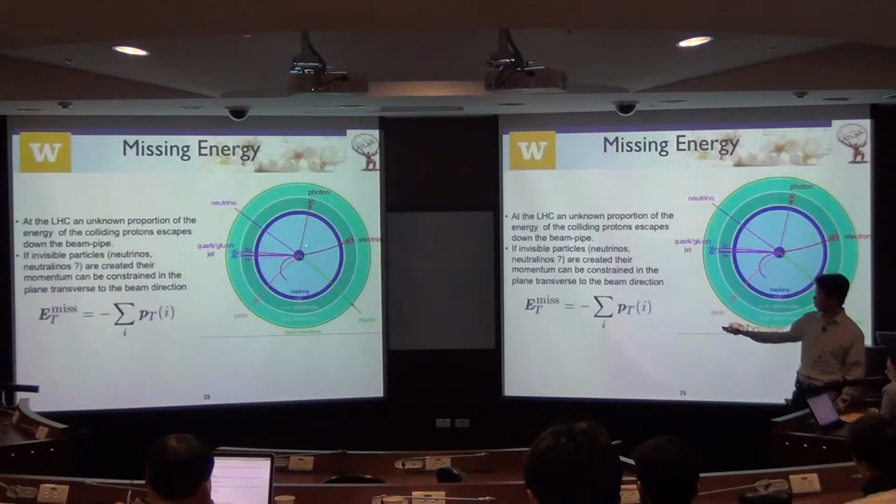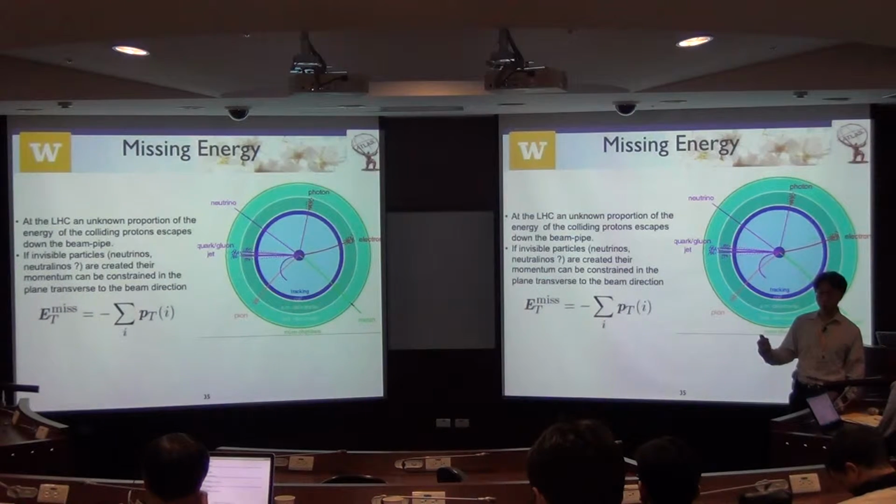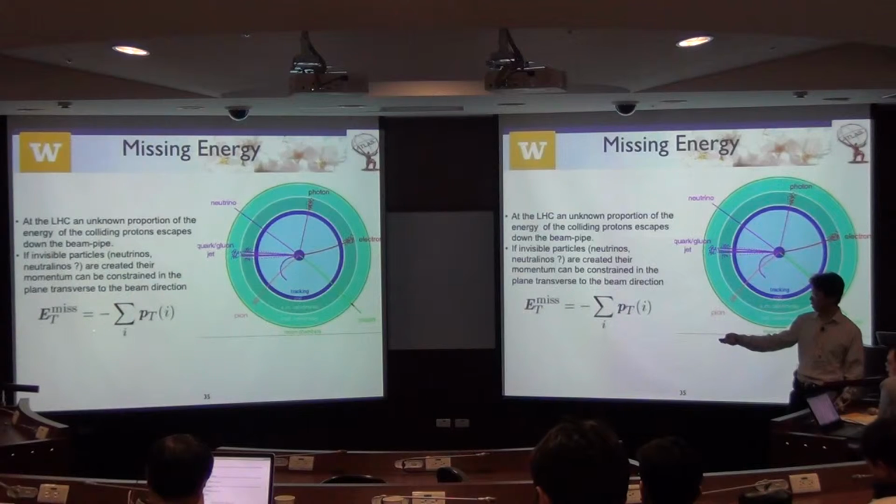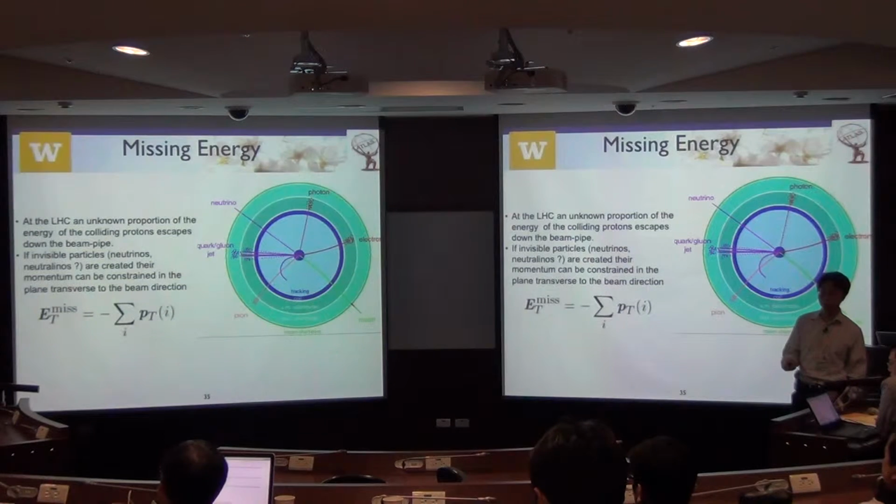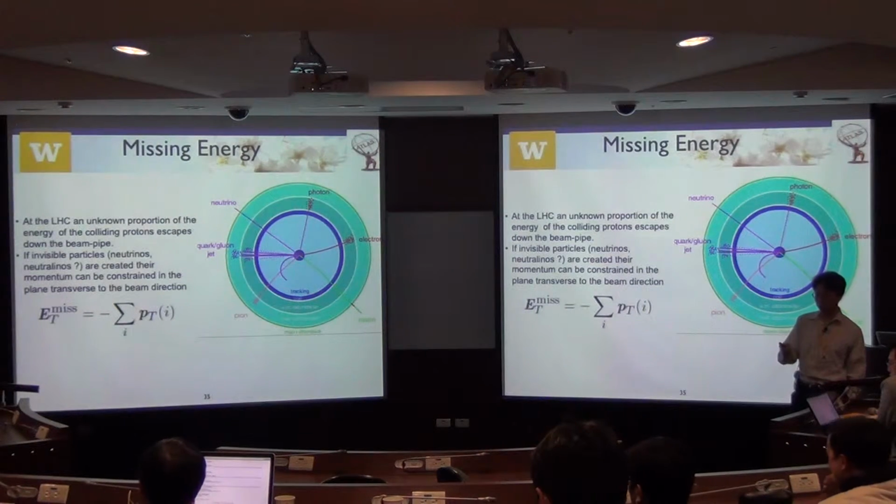Then eventually you will see that the energy of the whole event is biased toward one direction because of energy momentum conservation in the transverse plane. Then we take the minus sign of the vector sum of all the other two-dimensional four vectors. Then we define it as the estimate of the neutrino.